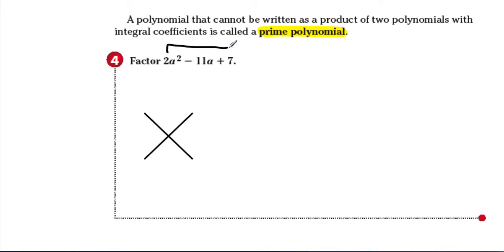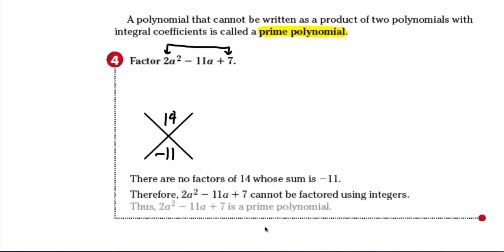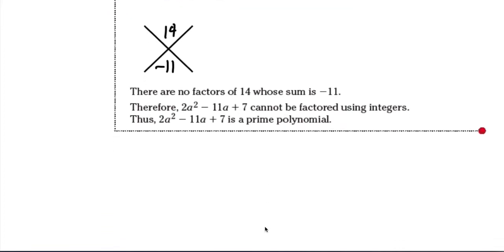Again, we multiply the coefficient of the quadratic term times the constant. That will be 14, and this will be negative 11. And if you notice, there are no two factors of 14 which will give you a sum of negative 11. If that's the case, this particular polynomial is a prime polynomial.